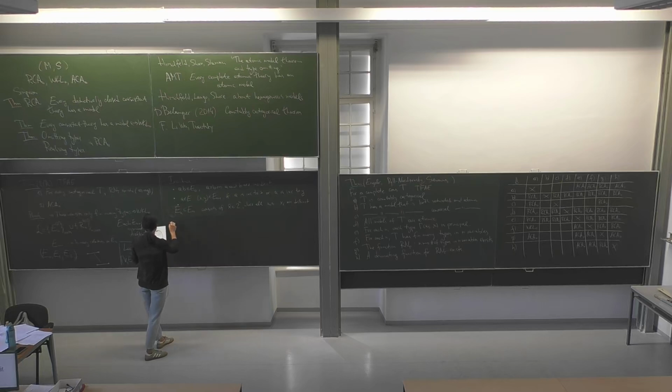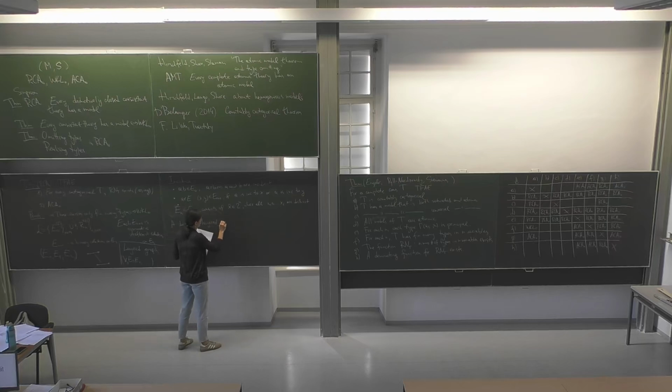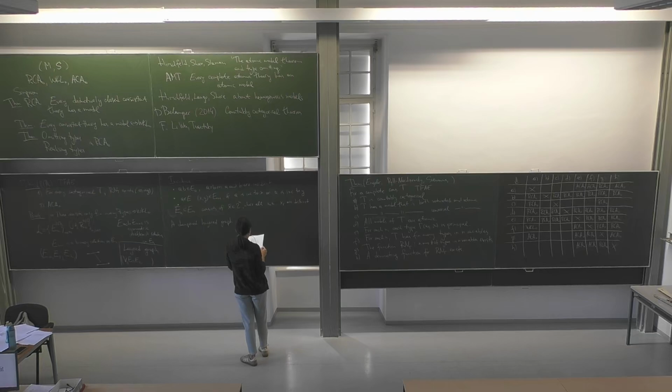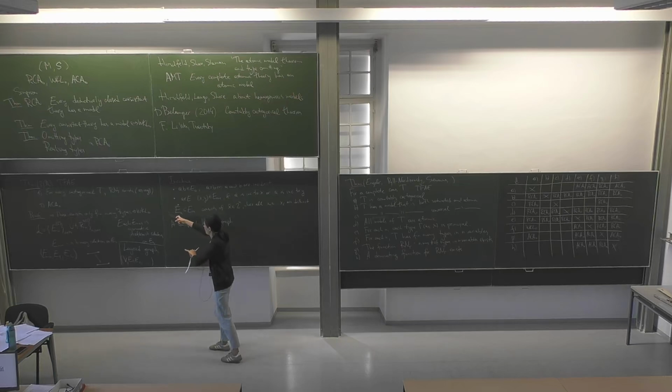Okay, then. The layered graph is such that whenever we have a relation E_{n+1}, it can only hold on tuples of this form.